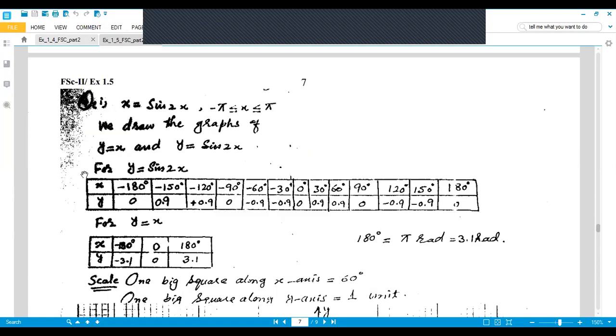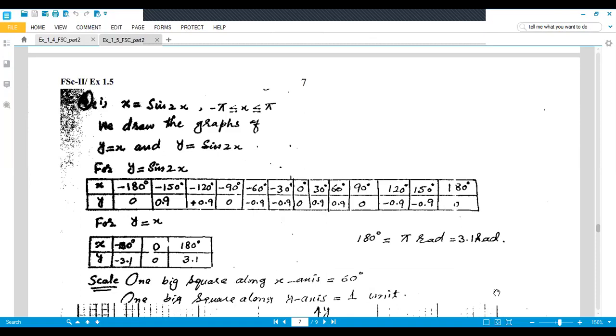Now after that, y is equal to x. When you put x is equal to minus 180, you know that 180 degrees is equal to pi radian, and pi radian is equal to 3.1 radian. So for minus 180, it is minus 3.1, and for 0, when you put x is equal to 0, y is 0.